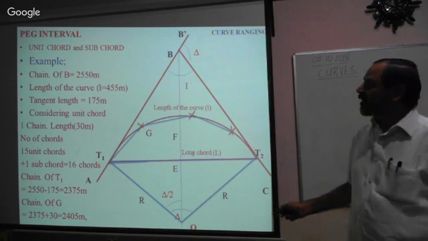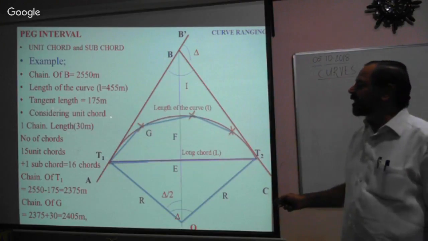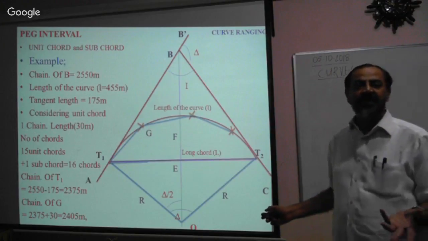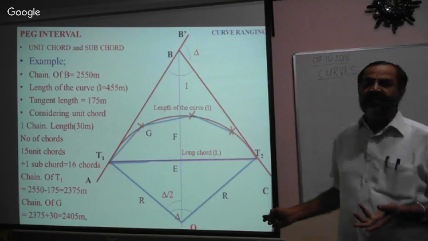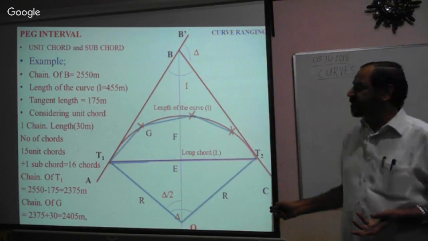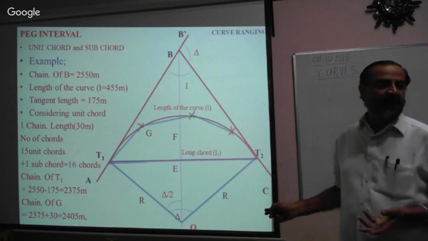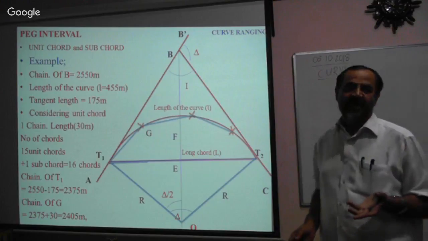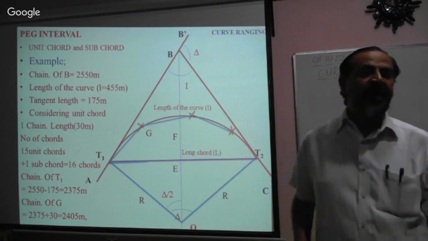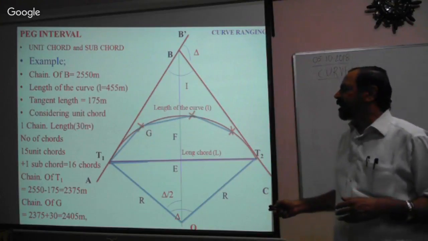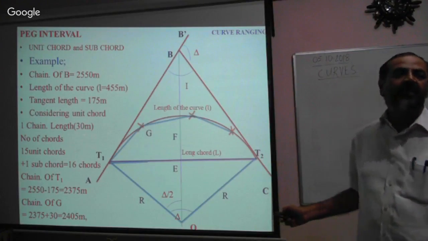Considering the unit chord, one chain length is approximately 30 meters. Not necessarily 30 meters; that depends on the type of the curve. Maybe you can take 20 meters or 10 meters, whichever way you want.